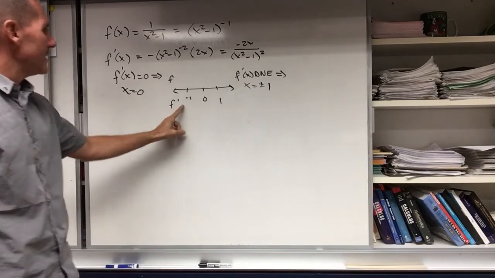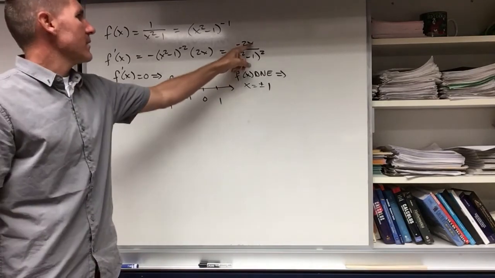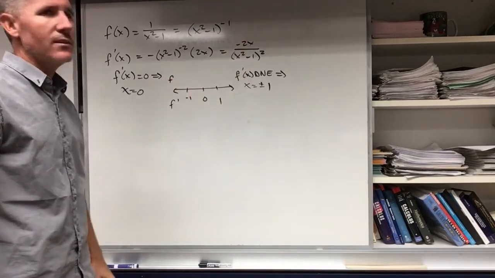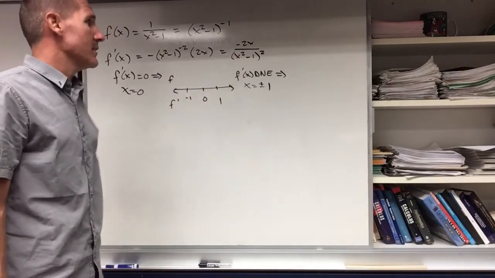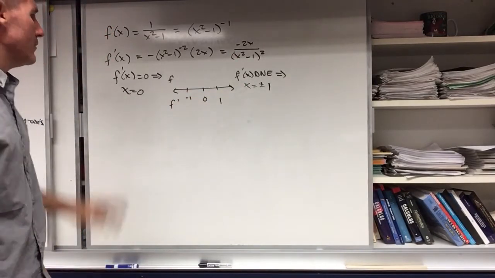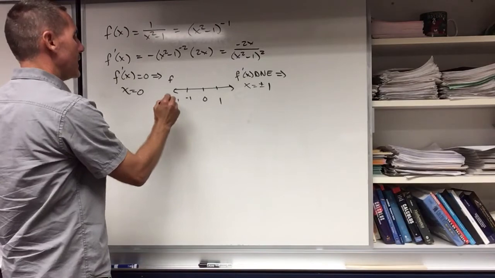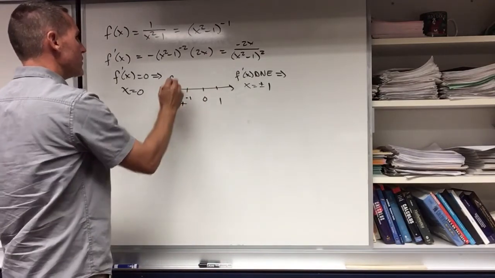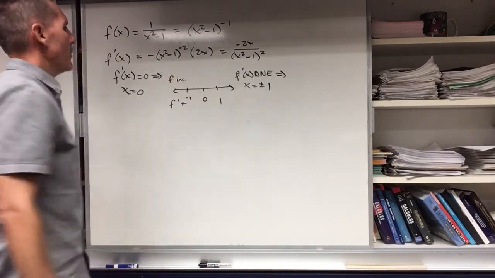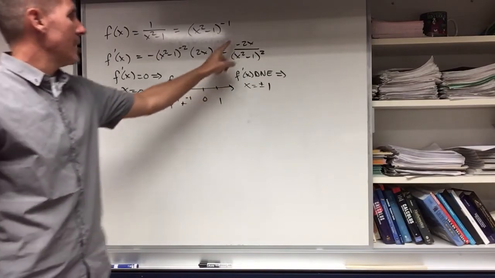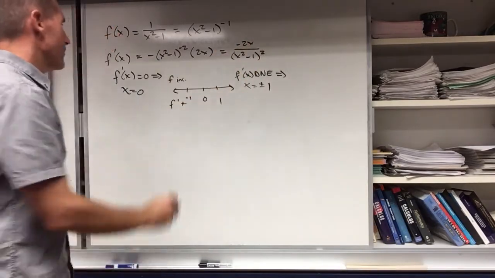So if I plug in something like -5 in for x, I have that the numerator is positive 10, and like I said, the denominator is never going to be negative. So a -5 gives a positive derivative, so f is increasing. I plug in something like -1/2. Again, that's positive.